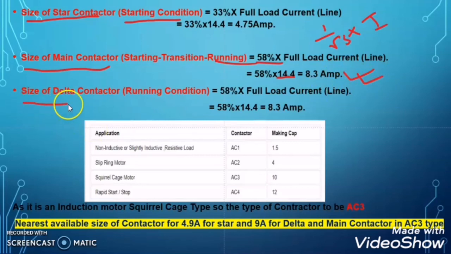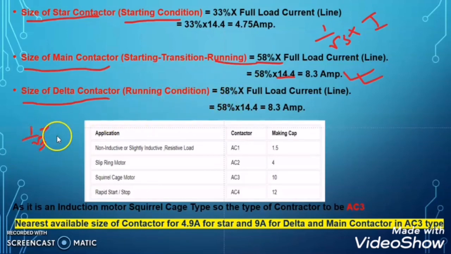Now let us size the delta contactor. The delta contactor will be active during running condition only, so it will take the phase current of the delta configuration winding of the motor, which is 1 by root 3 times the full load current, equivalent to 58%.